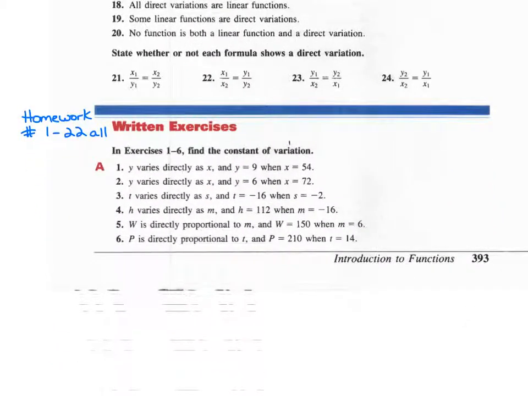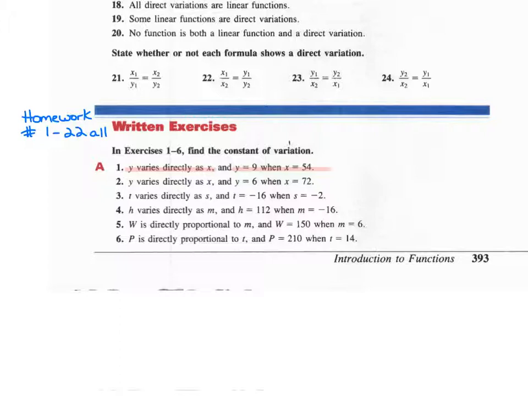All right, so this is just like we did in example 1. Notice the wording. Y varies directly as x, and it says y equals 9, x equals 54. It wants us to write a constant of variation.